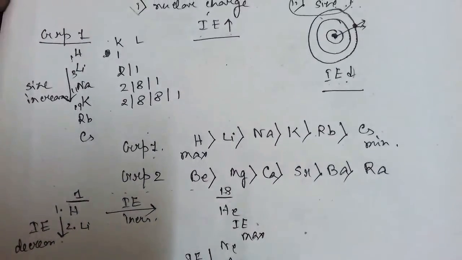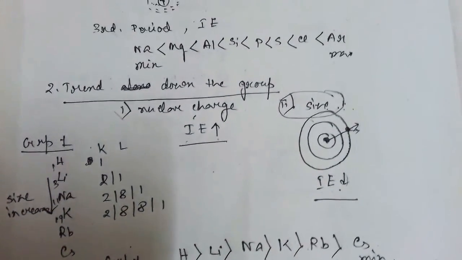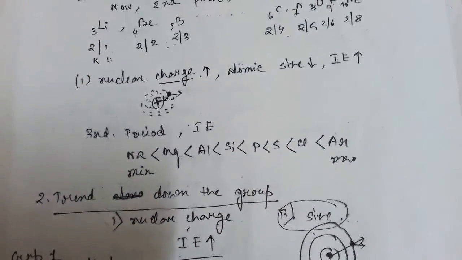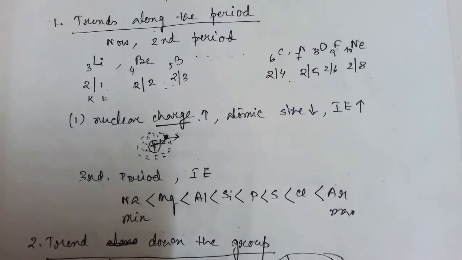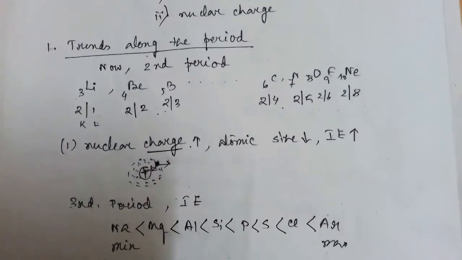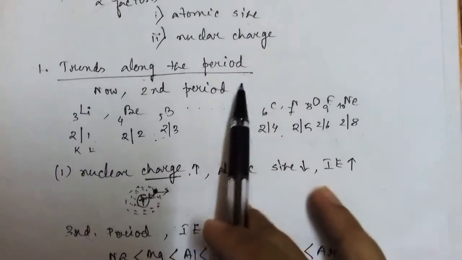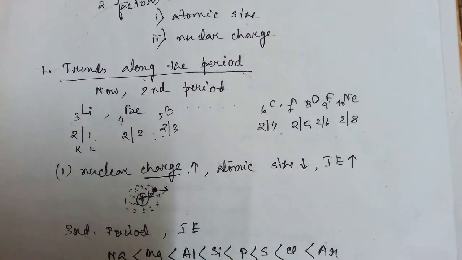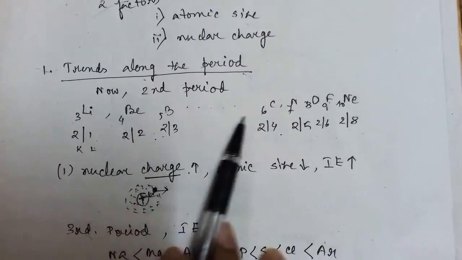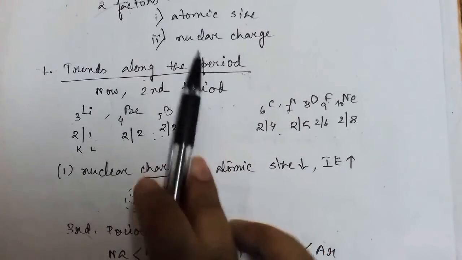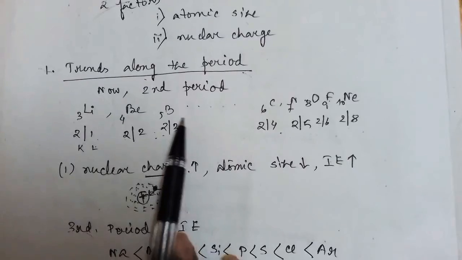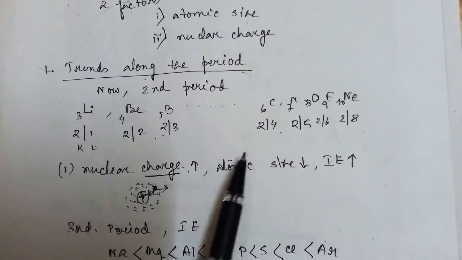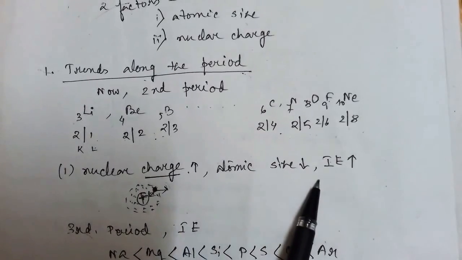So in this whole class, what we have read is that there are two factors, atomic size and nuclear charge, which contribute to the ionization energy. Along the period, the number of shells is the same, nuclear charge increases and atomic size decreases.